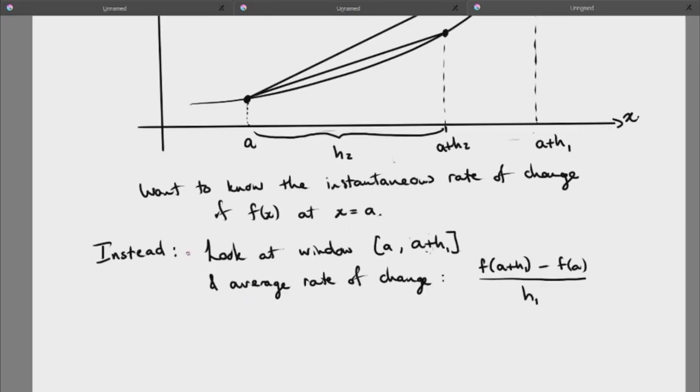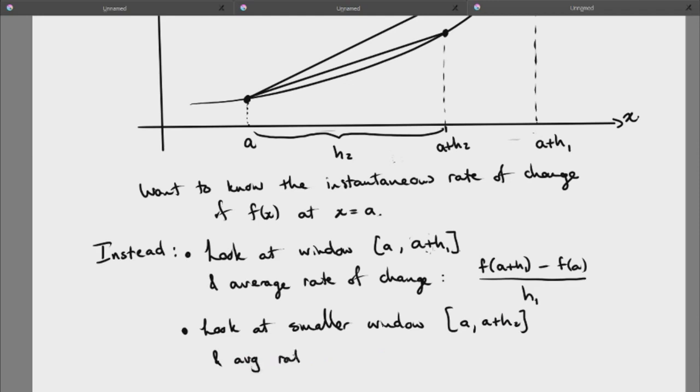So this is sort of the first thing. Then I'm going to look at a smaller window, by not stepping ahead that much. And then the average rate of change is the change in the y value.